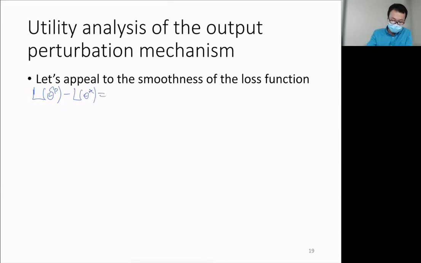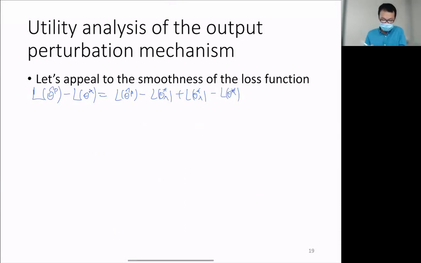By saying that there are two parts, I'm saying that we can decompose this into analyzing L of theta hat P minus L of theta star lambda, plus L of theta star lambda minus L of theta star, right?